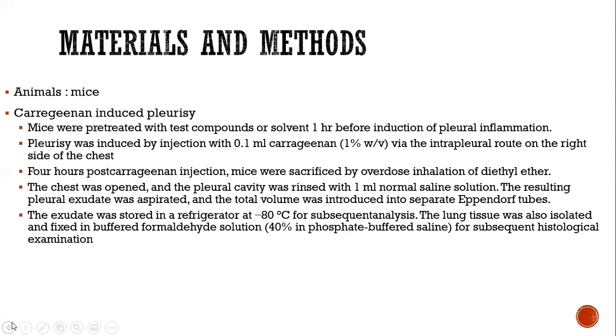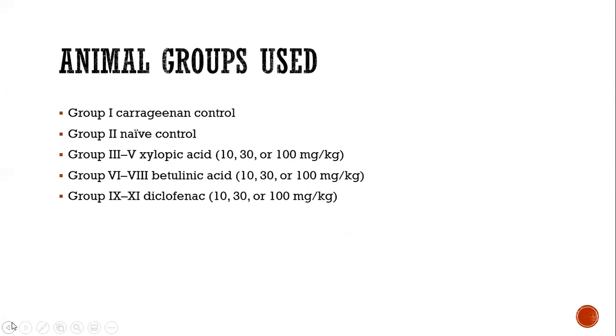These exudates will be refrigerated at the given temperature, and then the lung tissue will also be isolated and fixed in formaldehyde solution for histological examination, as histological examination is necessary to obtain the data we need for complete evaluation of the anti-inflammatory effect.